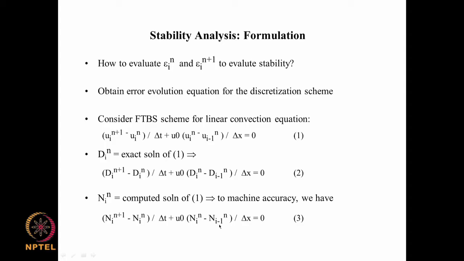So, it is a built up error, and the error builds up in such a way that you get a numerical solution which also seems to satisfy the discretized equation. Okay. Because this is solved to machine accuracy, and machine accuracy can be 16 decimal places and so on. So, for all practical purposes, the value of N_i^(n+1) that you compute from the previous value satisfies the discretized equation. Okay.